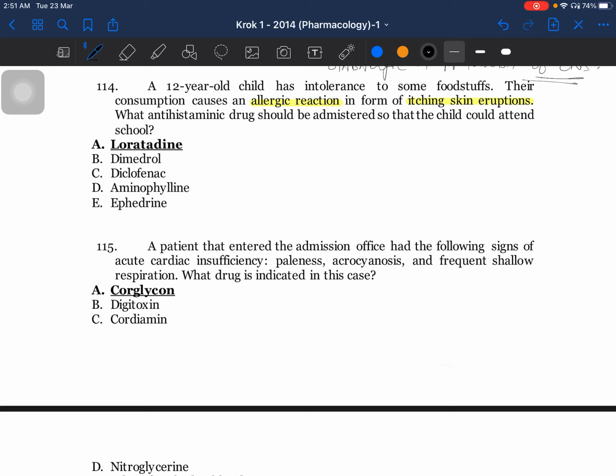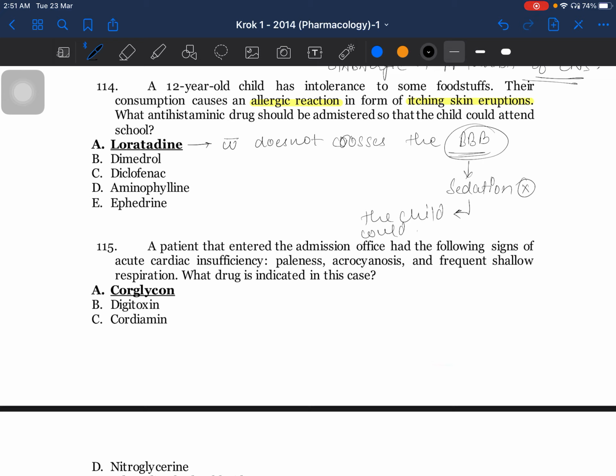So for this question also you can refer to, I think, the second or third question in the very first video, because loratadine is basically the drug which does not cross the blood-brain barrier, and when it does not cross the blood-brain barrier it will not cause sedation, and the child could attend class.